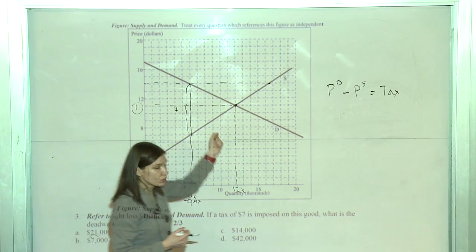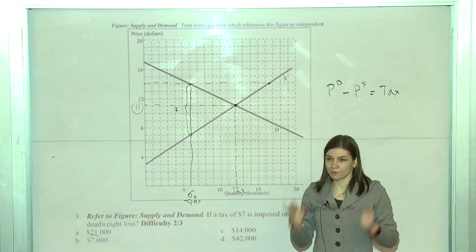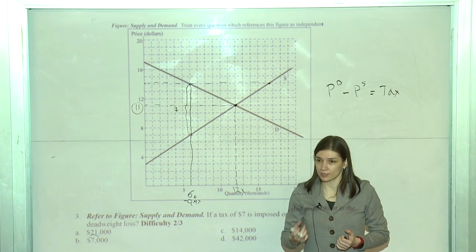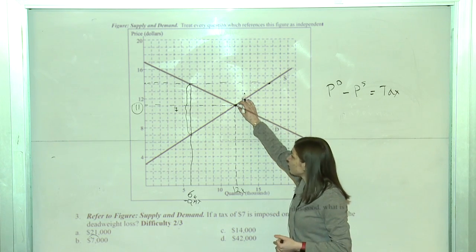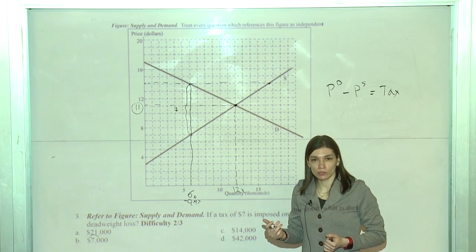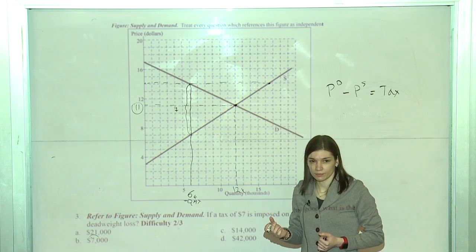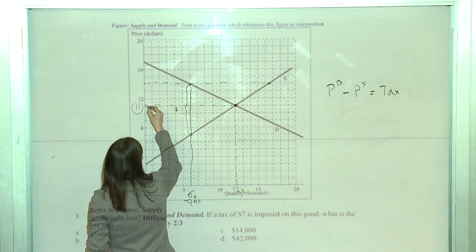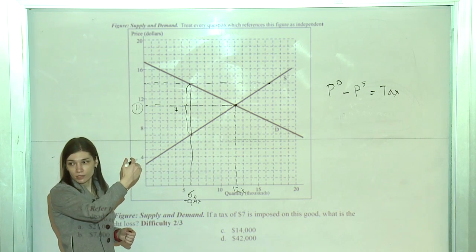We know that the original equilibrium is the point at which the market is efficient. In economics, that would mean that total surplus is maximized. So if we are at the equilibrium point, total surplus is going to be the sum of consumer and producer surplus. And consumer surplus is the area below the demand curve and above the price by definition.